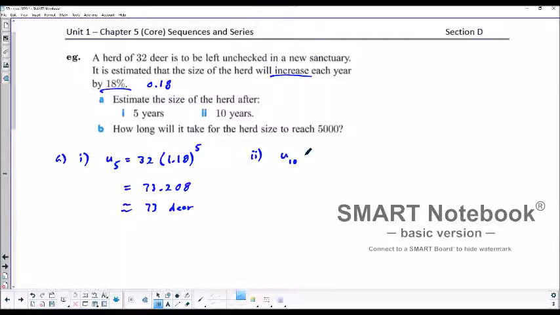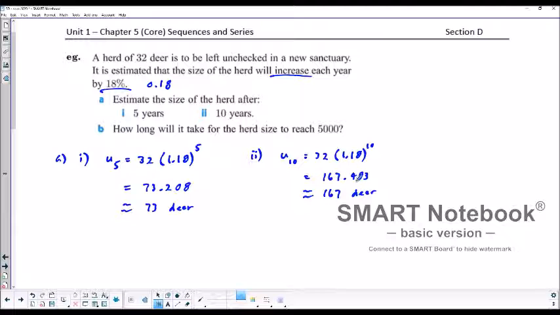So U sub 10 is 32, again, times 1.18 to the exponent 10. And then when I do this calculation, I end up getting 167.483. Now, we can't round up to the nearest whole deer. We have to round down to the nearest whole deer. And so that's going to be approximately equal to 167 deer.